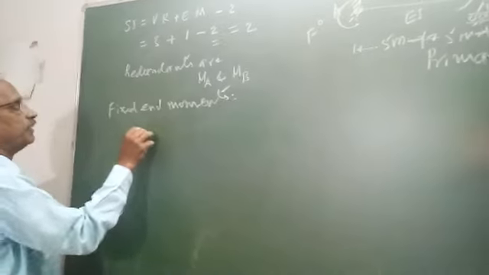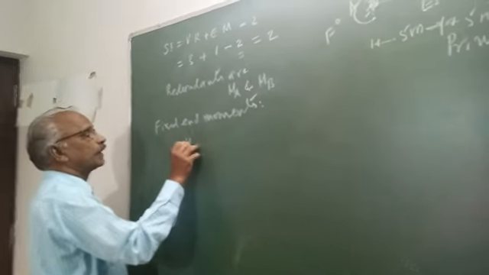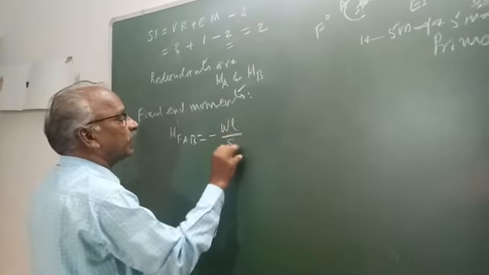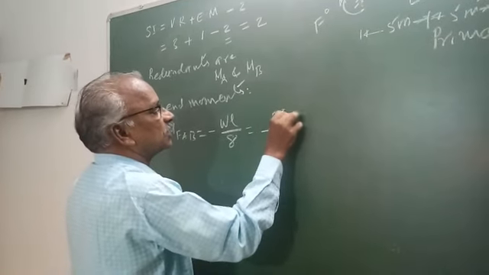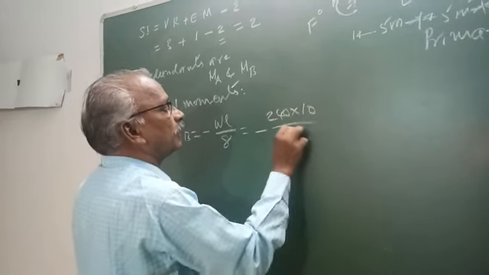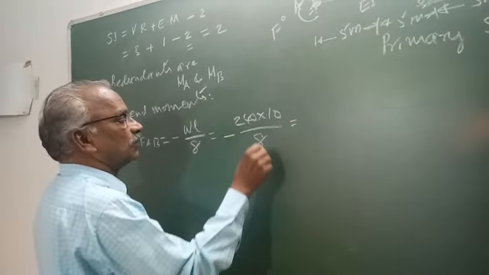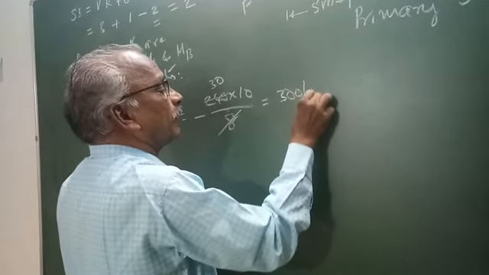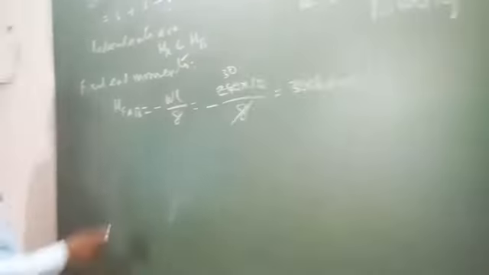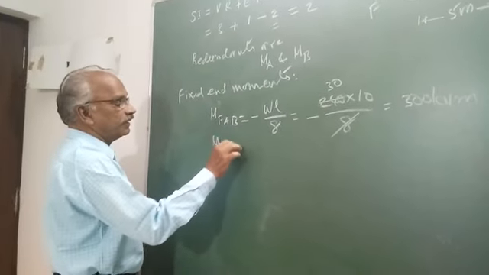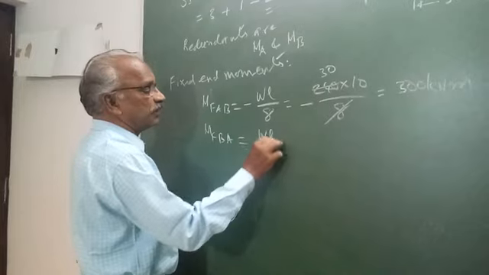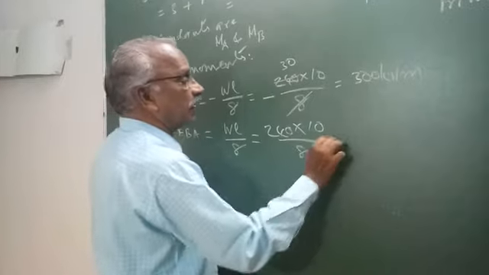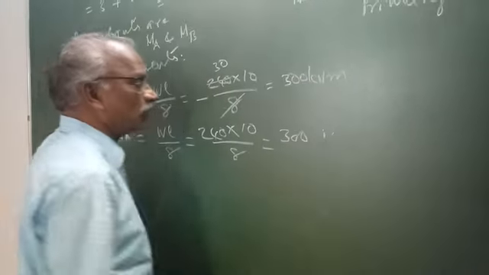Fixed end moments. M of AB equal to minus WL by 8 equal to minus 240 into 10 by 8 equal to 300 kilonewton meter. M of BA is equal to plus WL by 8, that is also 240 into 10 by 8 equal to 300 kilonewton meter.